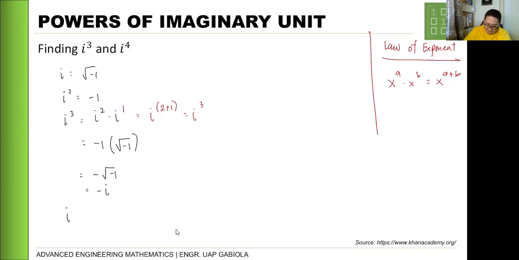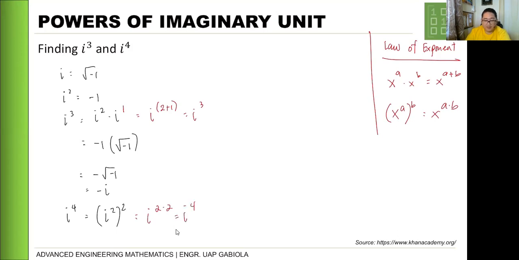Next is i to the fourth. What do we have for i to the fourth? Another property of exponents is that when we raise a variable with an exponent to another exponent, we multiply. So we can represent i to the fourth as i squared, all squared. Basically, it says i to the 2 times 2, or i to the fourth.